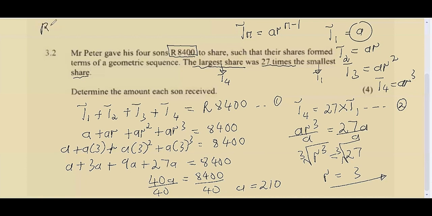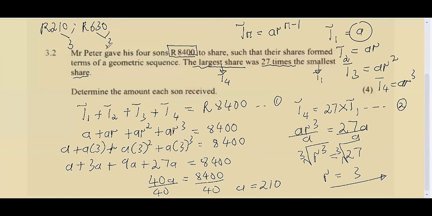Right. Now, how do we find the second share? We already have the common ratio or the constant ratio. So we know for a geometric sequence, in order to get the second term, or the following term, you mainly have to multiply the previous term by the constant ratio. So we take this value here, multiply it by 3, we get a value of 630. And then to get the third term, we must multiply it by 3.